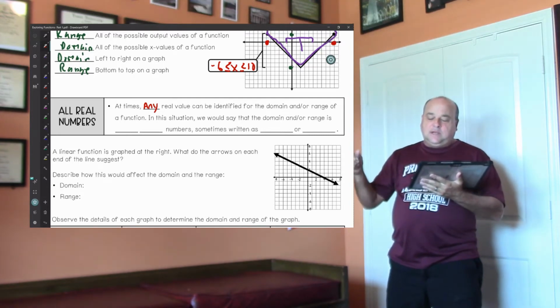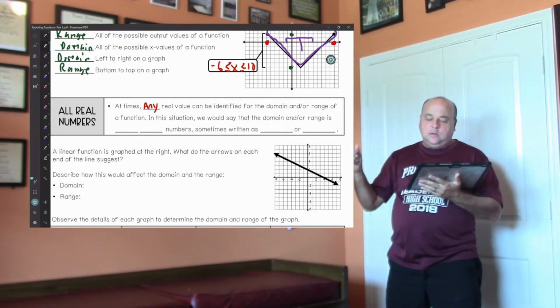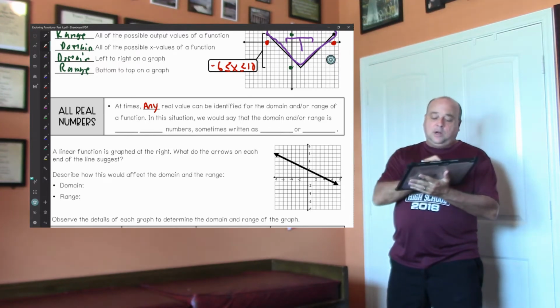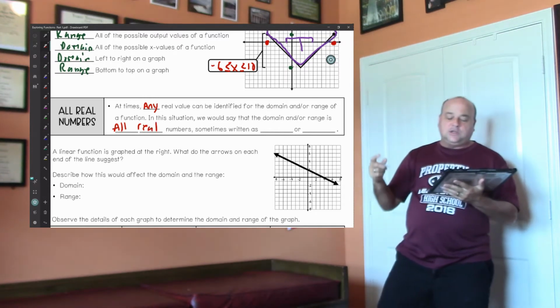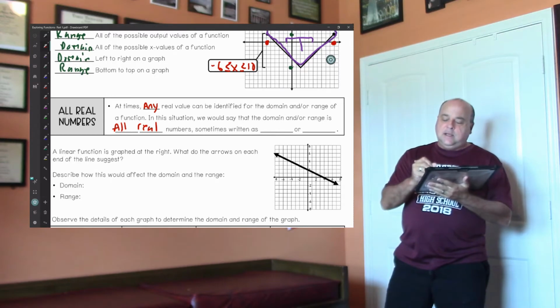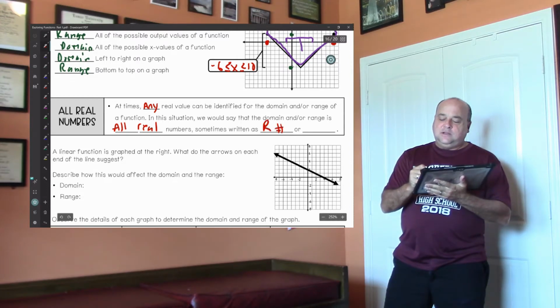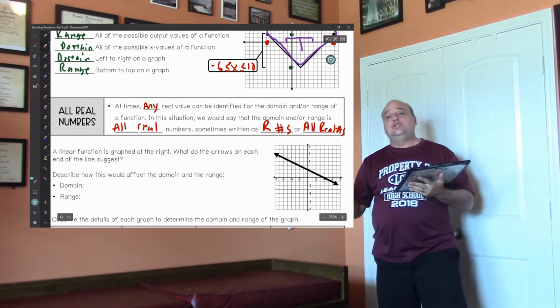In this situation, we would say that the domain and range is an infinite set, sometimes written as, let's put R, I think I've seen this for real numbers. Domain and range is all real numbers. Not exactly sure the wording on that.